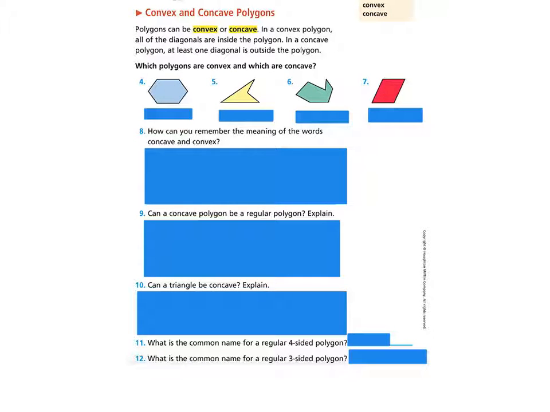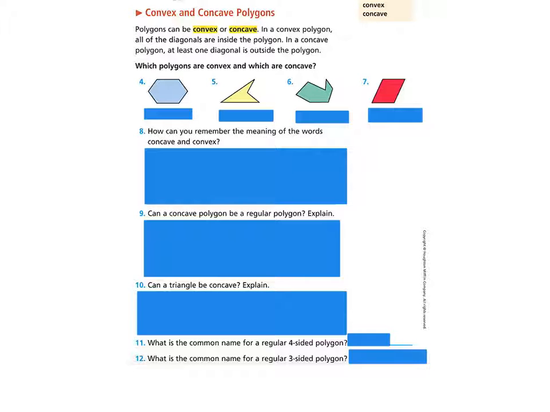Next, we'll be talking about convex and concave polygons. Polygons can be convex or concave. In a convex polygon, all of the diagonals are inside the polygon. In a concave polygon, at least one diagonal is on the outside. That sounds complicated, but it's not as complicated as it seems.